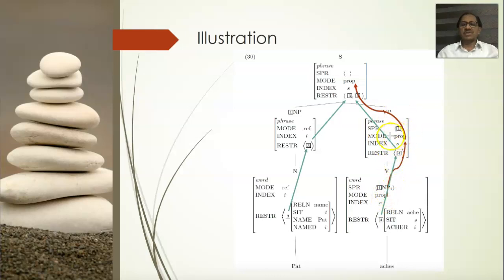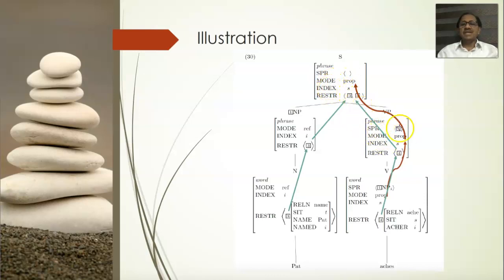So here is a mother node whose mode value is prop, because the mode value of the head daughter is prop or proposition, and the index value is S, so the index value is S for the head daughter. So that is what this red arrow shows. And these two values are again inherited by the mother node here, right? Mode is proposition, index is S.